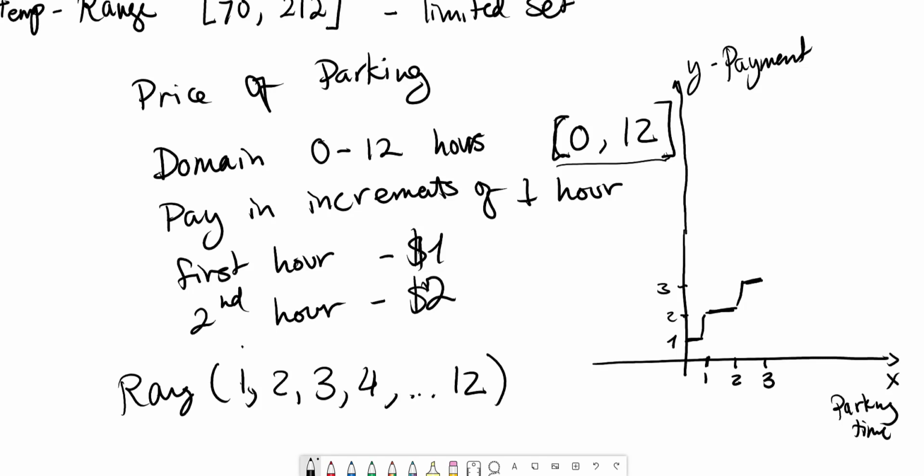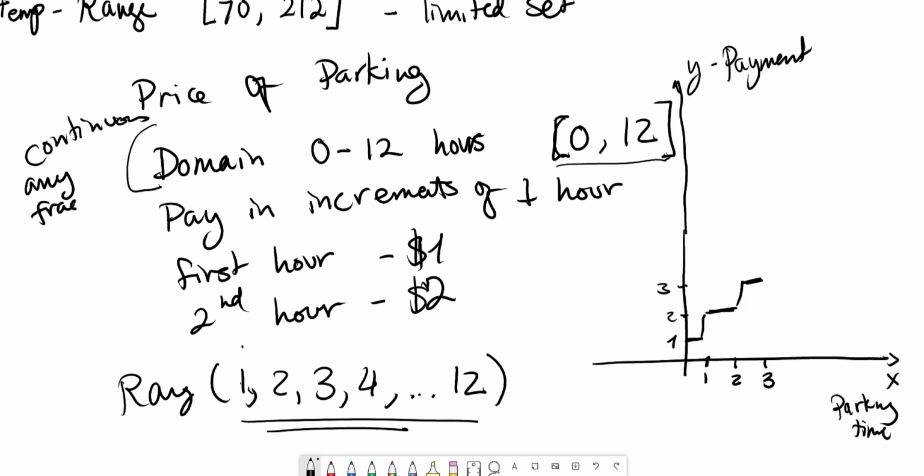So our range is a very limited set, just 12 numbers, while our domain is continuous, and we can have any fraction. So any fraction, and here it's only 12 integers. So this is another example of how a domain and a range look.